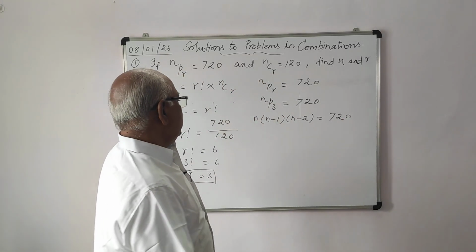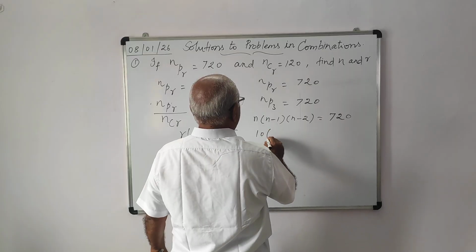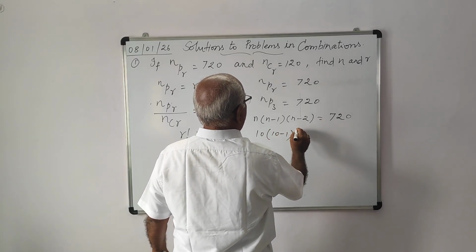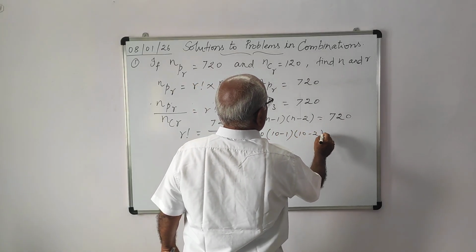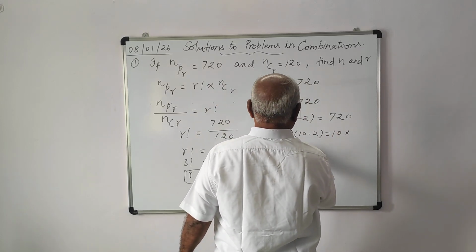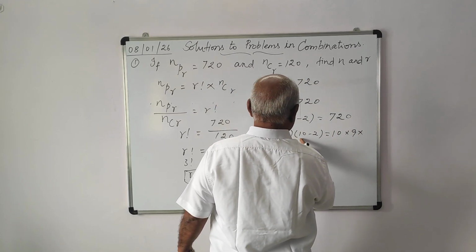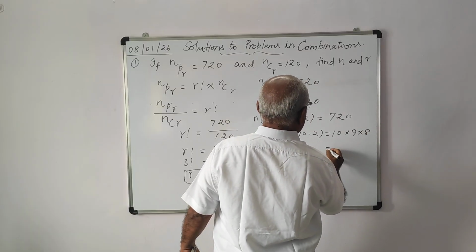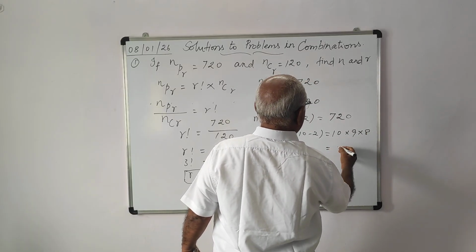So if you put n equal to 10, 10 into 10 minus 1, which is 9, into 10 minus 2, which is 8. 10 into 9 is 90, 90 into 8 is 720.